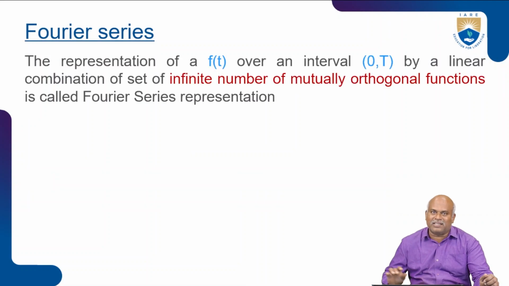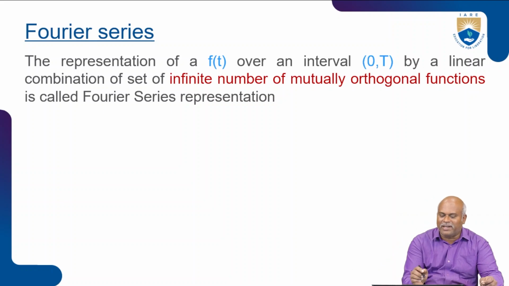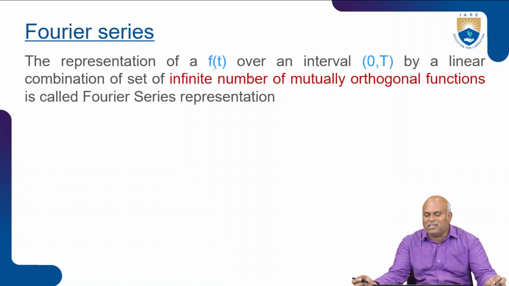What is a Fourier series? The representation of f of t over the interval 0 to T by a linear combination of a set of infinite number of mutually orthogonal functions is called the Fourier series representation.